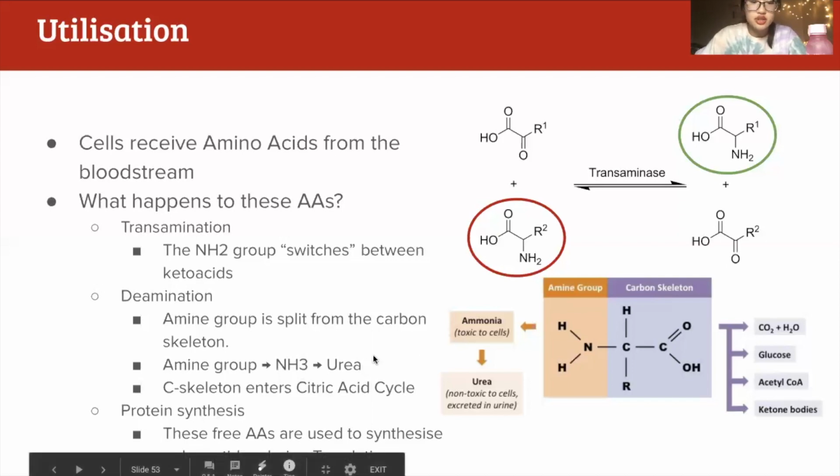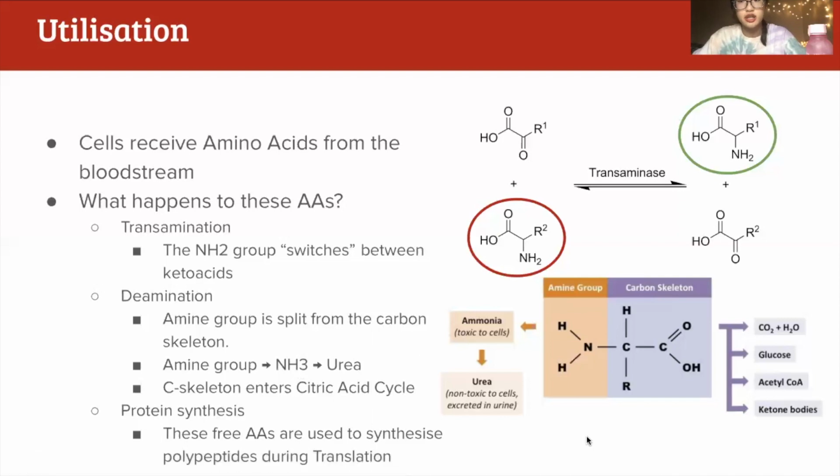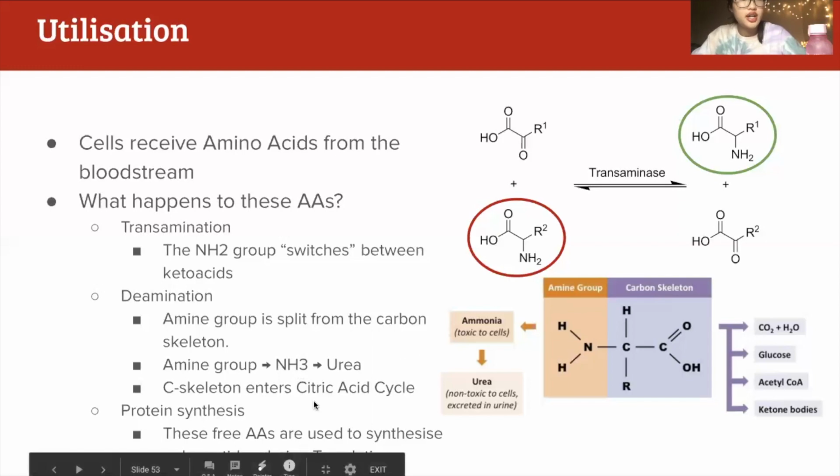And this NH3 is converted to urea. Urea is then excreted as urine. That part we know well. And the carbon skeleton enters the citric acid cycle. It can be, as you can see here, broken down into glucose or acetyl-CoA, or even ketone bodies. Ketone bodies, you'll cover later, not now.